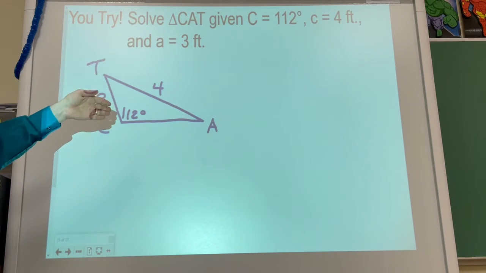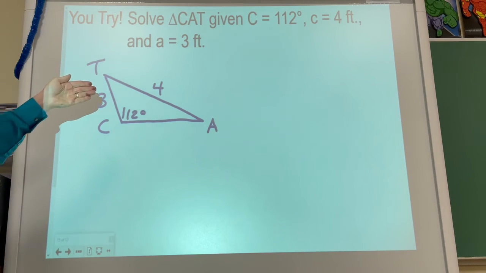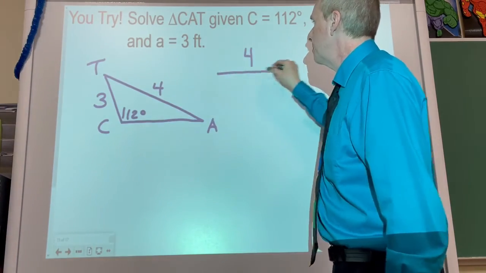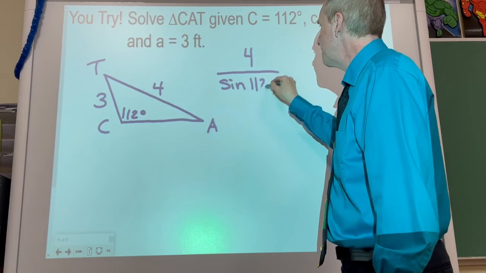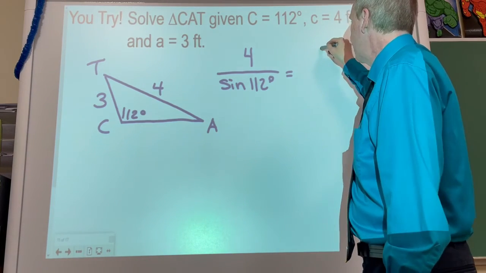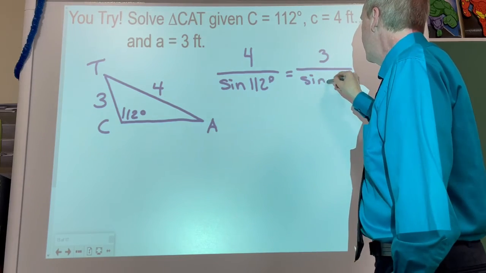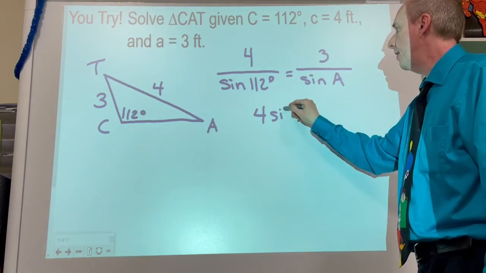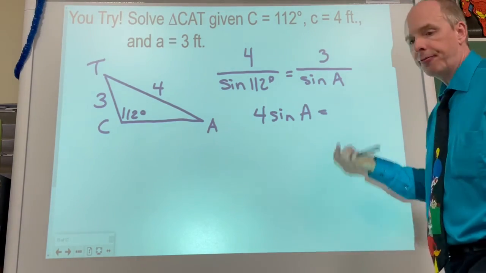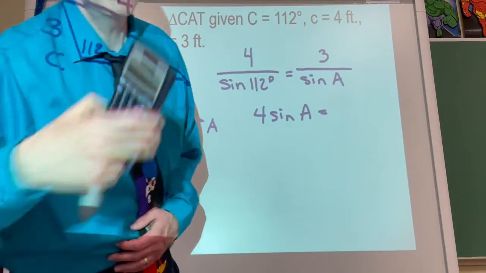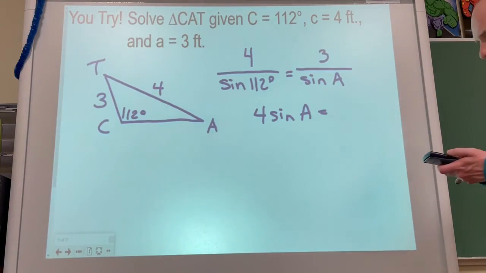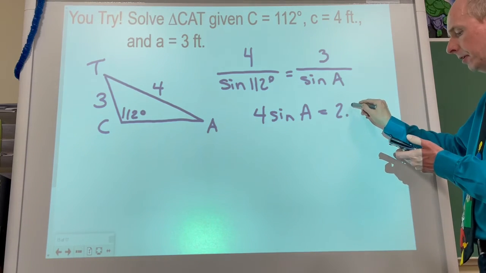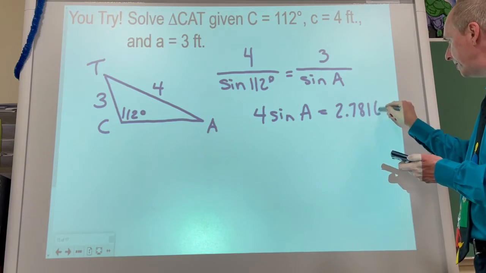This side, this angle. This side, this angle. Alright, so 4 over sine of 112 degrees equals 3 over sine of A. Do a little cross multiplying. 4 sine A equals 3 sine of 112 degrees. Calculator time. 3 sine of 112 is about 2.7816.